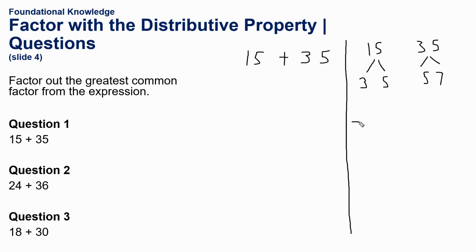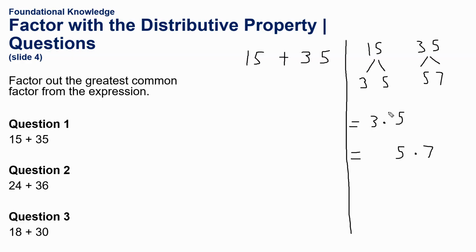If I was to then group these numbers, so we'd have 3 times 5 here, and we'd have 5 times 7 here. We group by columns, in other words. Let me actually line this up. So 5 times 7.